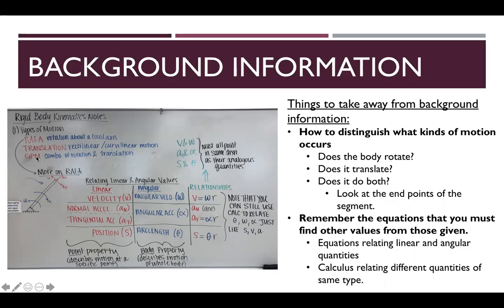In terms of identifying them, it's going to be rapha if there's some kind of fixed point and this point's moving, right? So if this is fixed and this is moving, the only thing this body can do is rotate. For translation, it's anytime the body can slide.